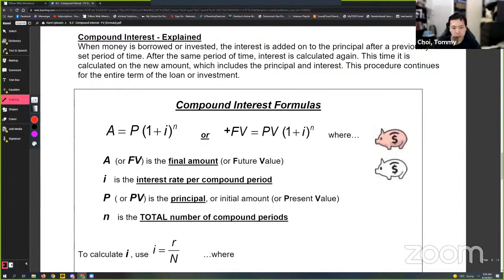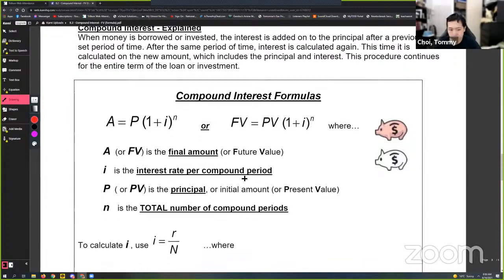There's another way we call it, which we say is FV and PV instead of A and P. The other way we call this is the future value, or what the value is going to be, and then the PV, which is the present value, which is the money you have now. And so that's essentially what's happening with our compound interest. So both formulas are exactly the same. They mean the exact same things. So don't worry. Just pick one that you like to use.